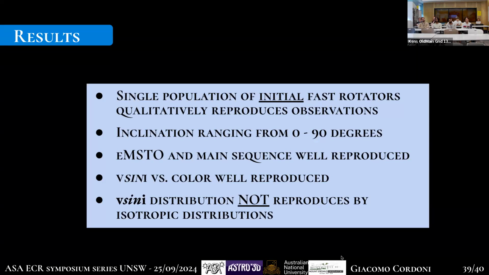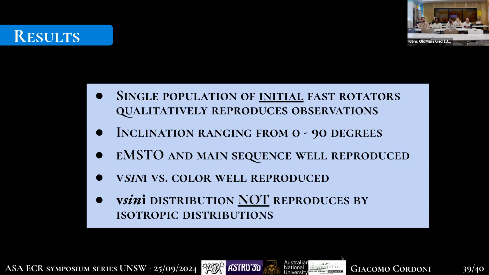This is a bit more complex because, as I mentioned in the beginning, if a star slows down, then you have this displacement in the turn-off, which depends on the mixing, so it's a bit more complicated than that. But we can say that we can exclude a bimodal rotation rate at formation, and we can reproduce the spread and relation just by assuming that the inclination ranges from 0 to 90 degrees.